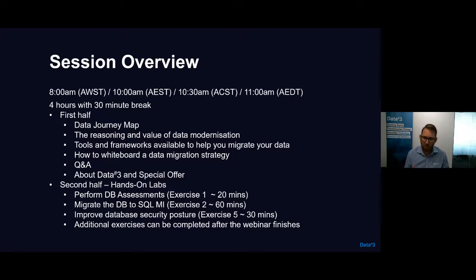We'll then look at why we want to think about modernisation with data. The first half is a bit of theory, covering the tools, frameworks and technologies available to you, and we'll do a whiteboard section on the data migration strategy you might want to consider, which feeds into a plan. We'll have time for Q&A during that, and then I want to share a special offer with those on today's session.